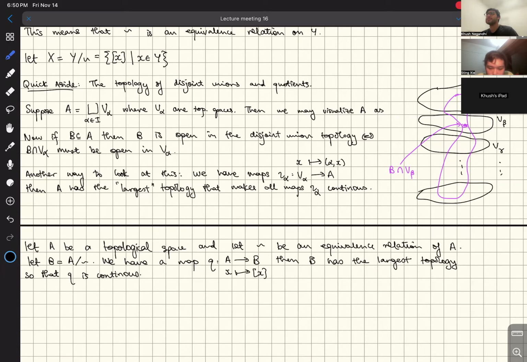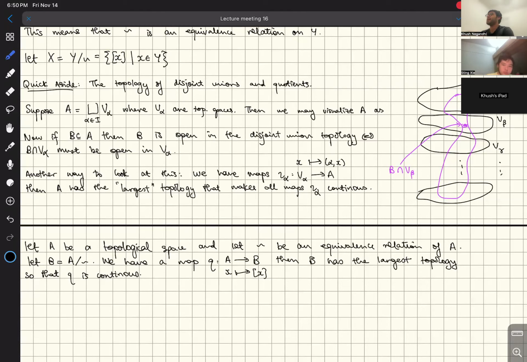But this topology is not useful in the slightest, because it has such a few amount of open sets, and one can show that every map would be continuous because the pre-image of the entire set would be the entire domain. So every map is continuous, which is not too useful, right?